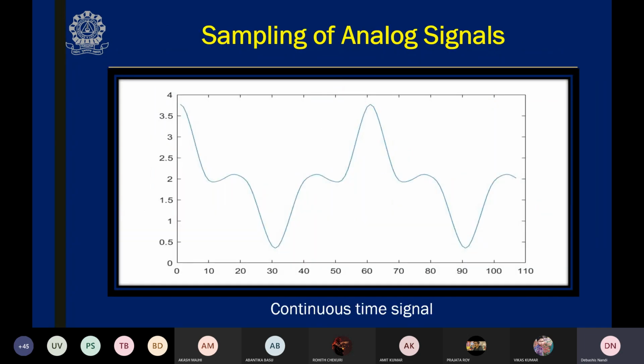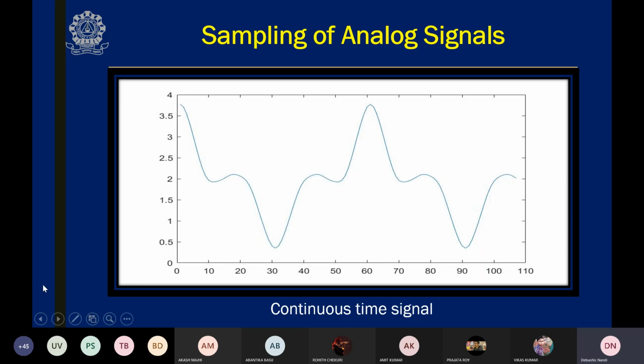Here the most important thing: if the signal is an analog or continuous time signal and the amplitude is also analog, then the problem is this: a signal of finite length in general will contain an infinite number of points.